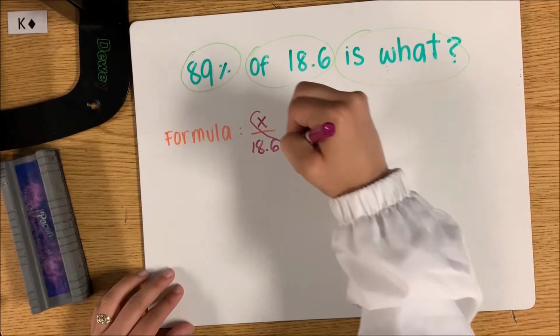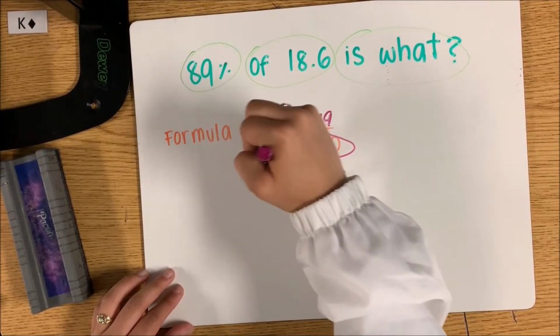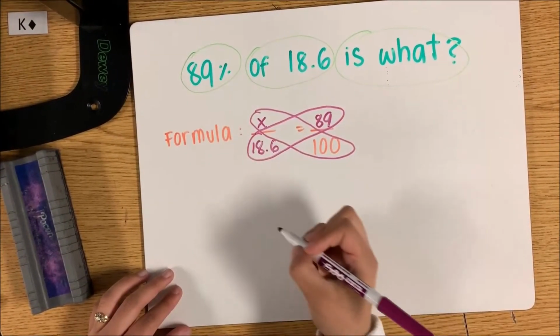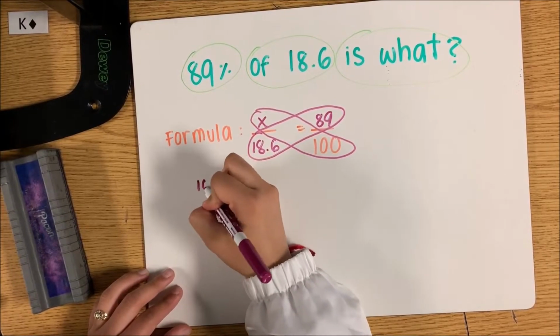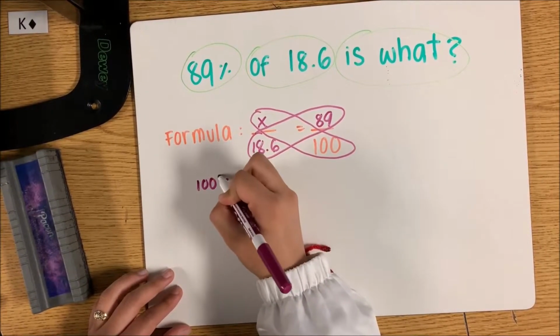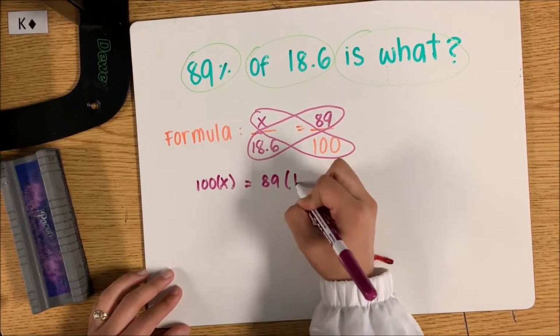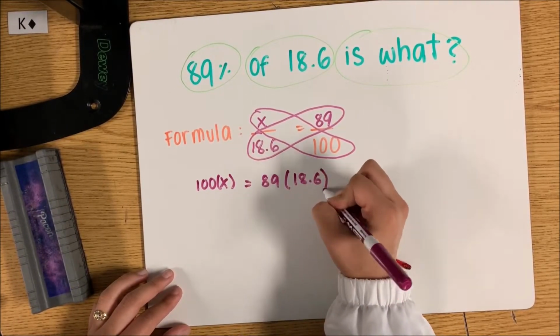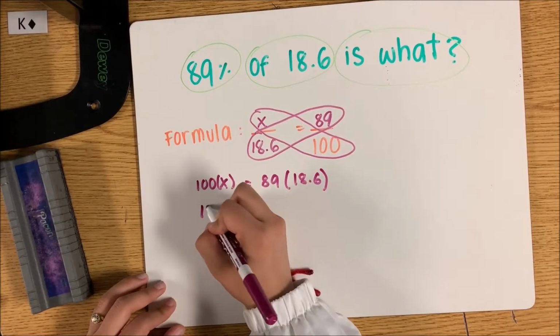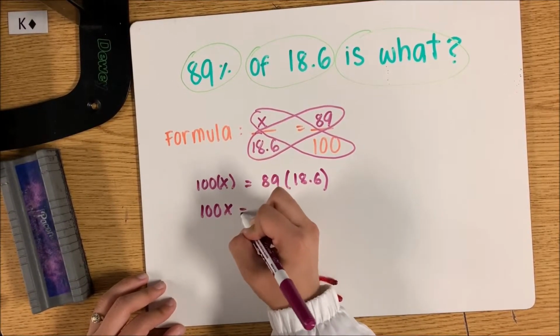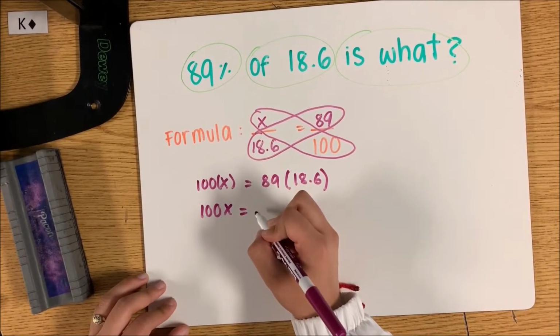Now, our next step is to cross multiply. After doing so, we have 100x equals 18.6 times 89. Then we multiply further and we get 100x equals 1,655.4.